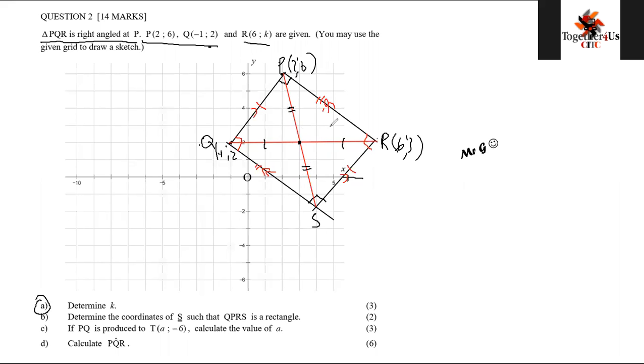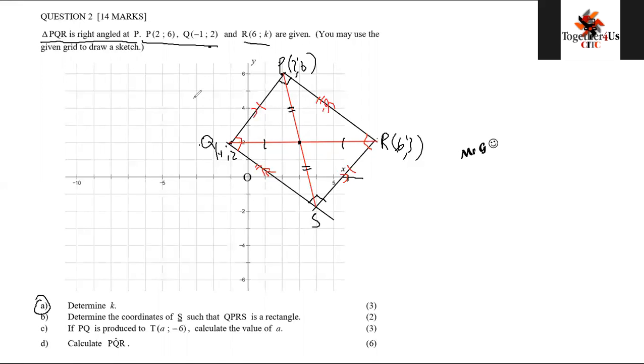That's one of the things that we know, right? So you could have used this fact or that. Really, there's a lot of information. For myself, I think I already know the gradient of QP, and I think that means I already know the gradient of RS.